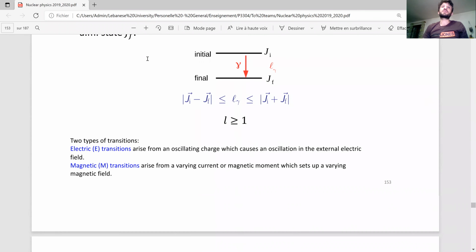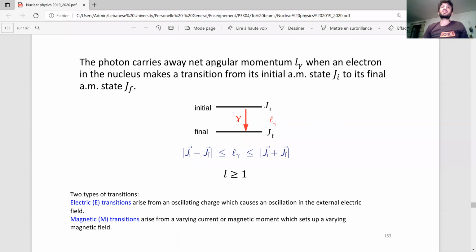The second point here, you know, for any excited state, we have the nuclear spin, J or I. We have a J initial and we have a J final. To find the value of L, we need to calculate its range.